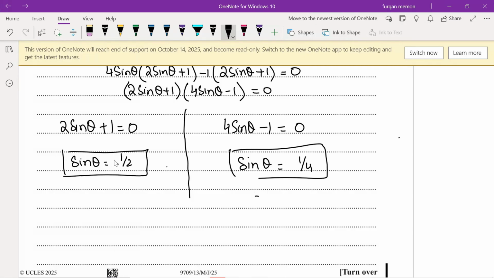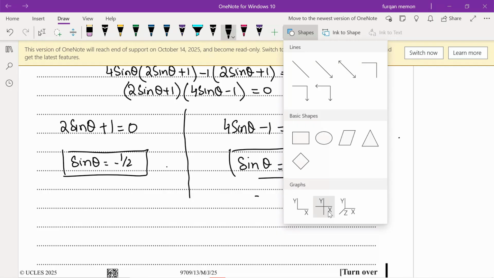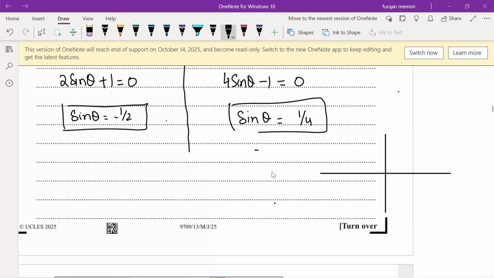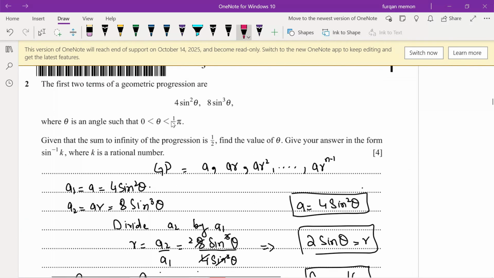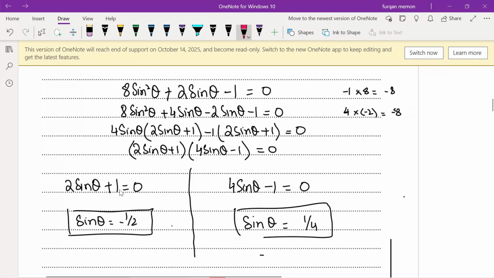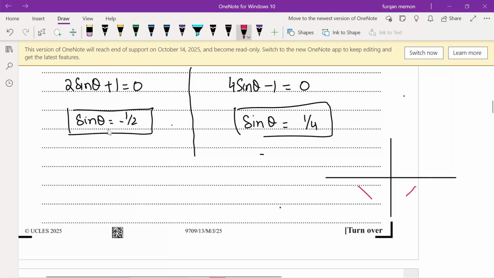One is negative 1/2, and we know that sine theta has a negative value in the third and fourth quadrants, whereas the condition says that theta should be greater than 0 and less than 1/6 pi, which is 30 degrees. So for sine theta equal to negative 1/2, the angle will lie in the third or fourth quadrant, which does not satisfy the given condition or range.